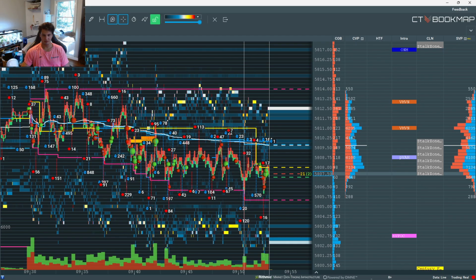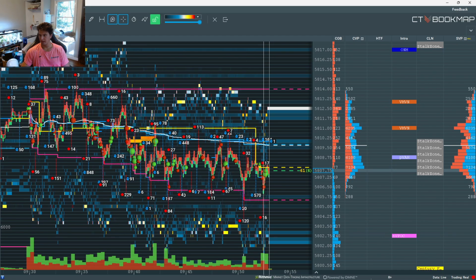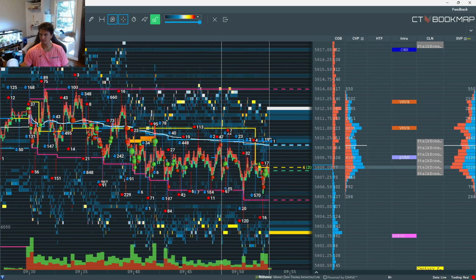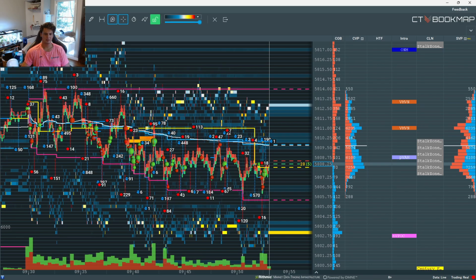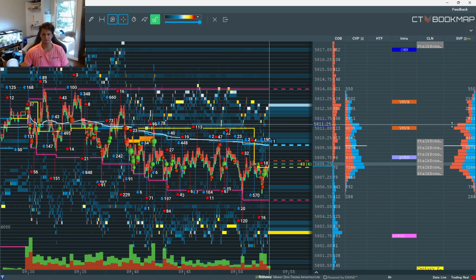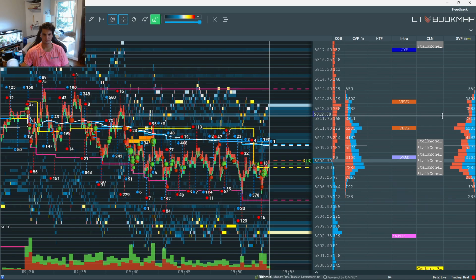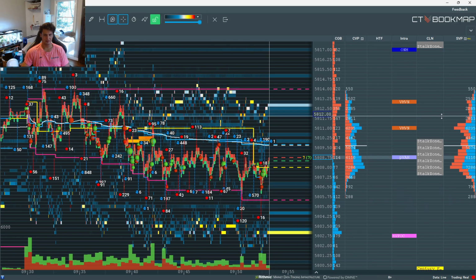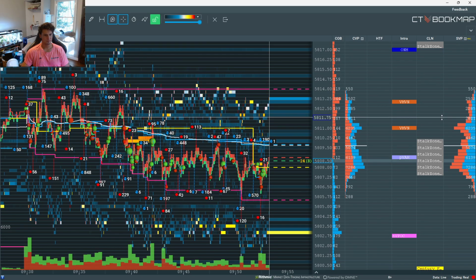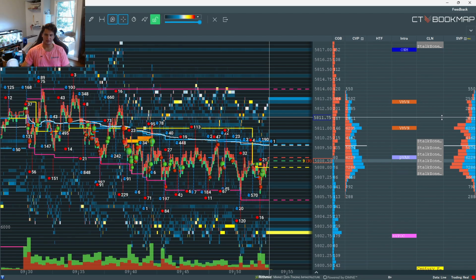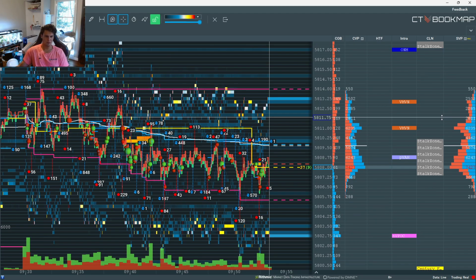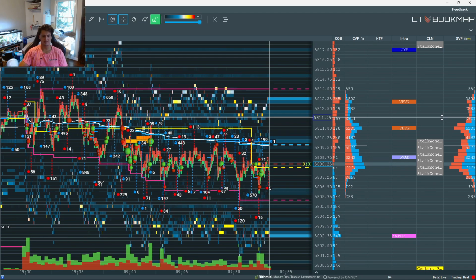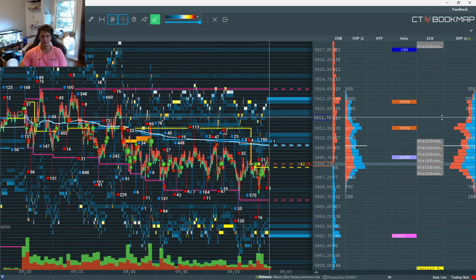So there we see a seller at the low get absorbed. Now we're pressing back up against the VPOC. We haven't tested this area. But this is not an easy trade. We have the news coming out, so the market is likely waiting for it.